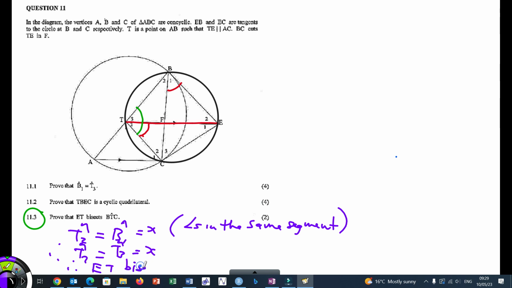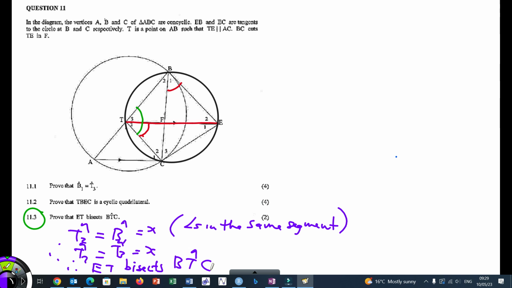Please, you can only say you have answered the question if you prove that T2 is equal to T3. If you haven't proved that T2 is equal to T3, then you haven't answered the question. Because the question says, prove that ET bisects BTC.